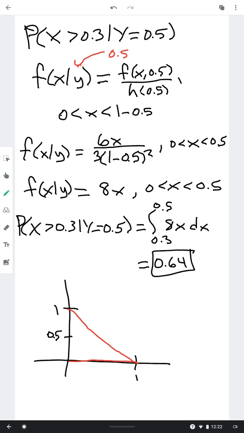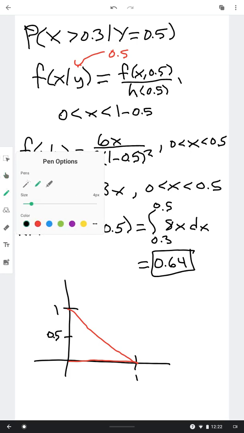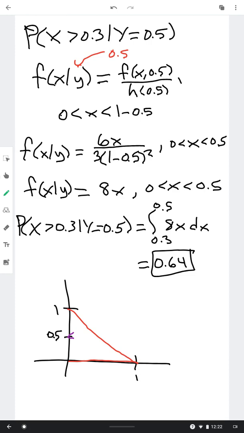What could X be in that case? X can only go from here to here. This is my limit. What's that value going to be? It's the value of 0.5. It can only go from 0 to 0.5, and that's where we get this bound from.